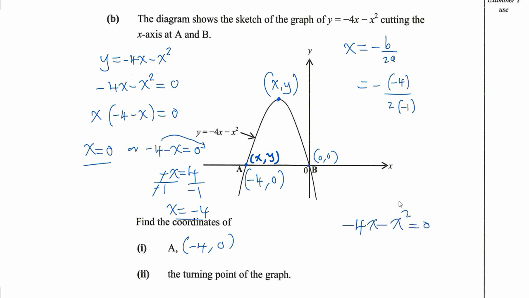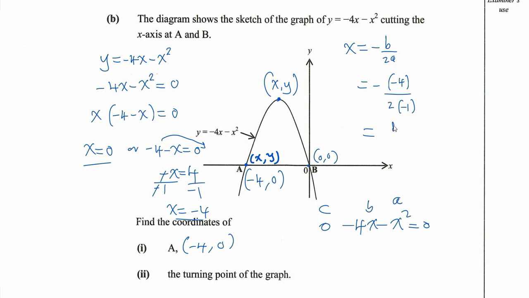So where there is power 2 here, it's a. Where there is a number with a letter, our coefficient, it's our b. And where there is a number without a letter, in this case we have a 0 here, it's our c. So our a is negative 1, is what we need to put here, and our b is negative 4, is what we need to put here.